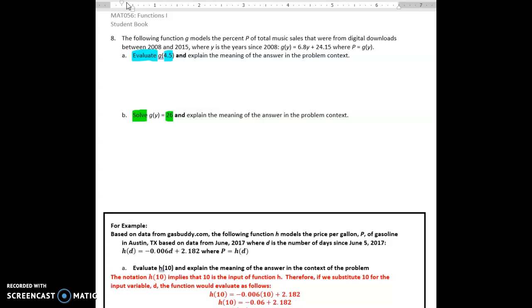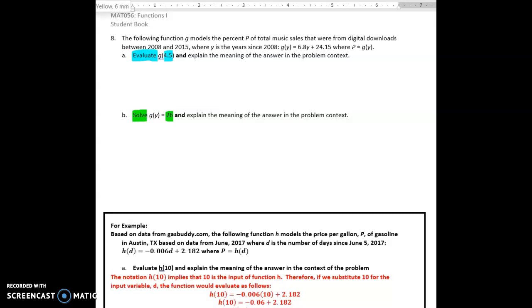The following function G models the percent of music sales that were from digital downloads between 2008 and 2015. We did this problem in a previous lesson, so it's the same function. This time it's saying G of Y because G is the function name.